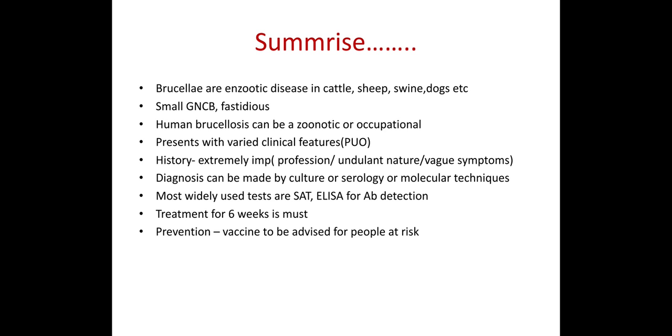Most widely used tests are the standard agglutination test, which is a tube agglutination test, and ELISA for detection of IgG and IgM antibodies. Treatment is for 6 weeks. Compliance is a must, and preferably doxycycline with streptomycin over 6 weeks should be fine to treat brucellosis.